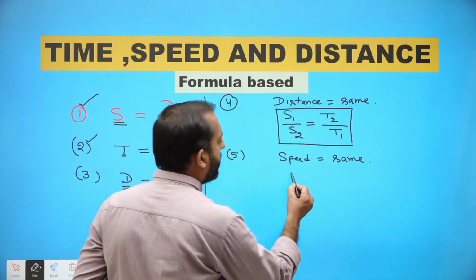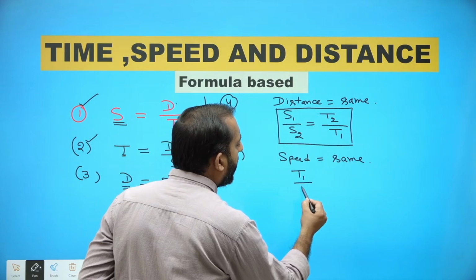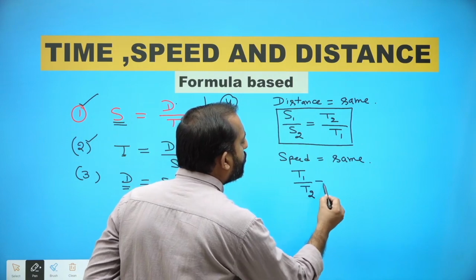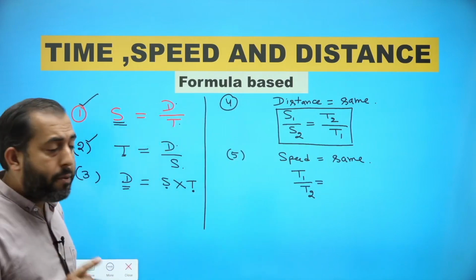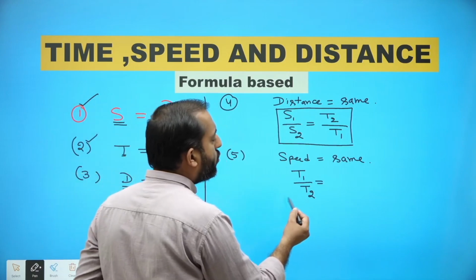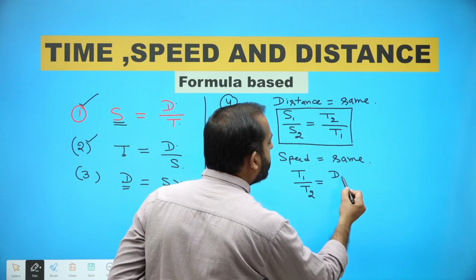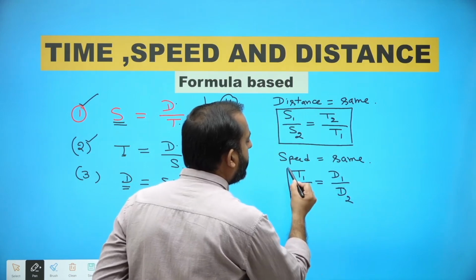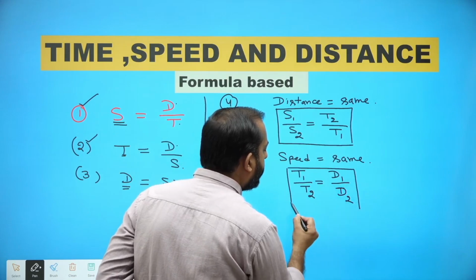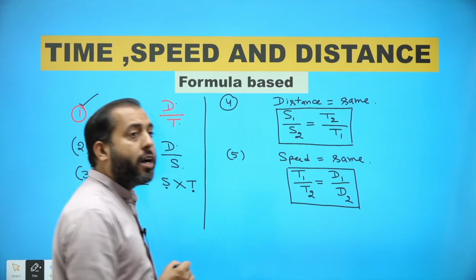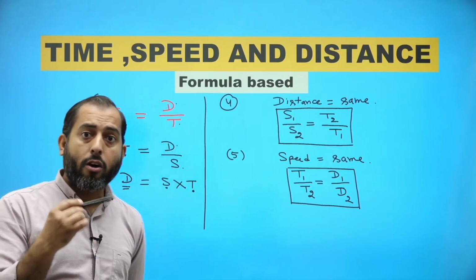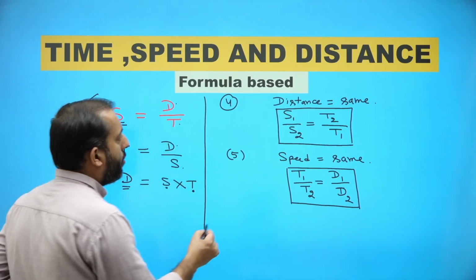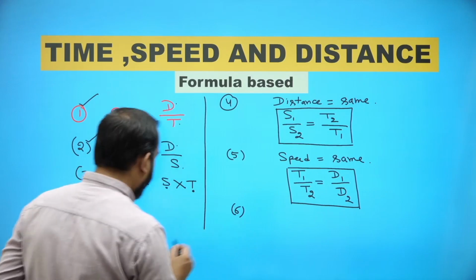In that particular case, the ratio of time taken in those two scenarios will be directly proportional to the ratio of distances covered, right? If speed is the same, the more the time, the more distance will be covered by an object or a vehicle.